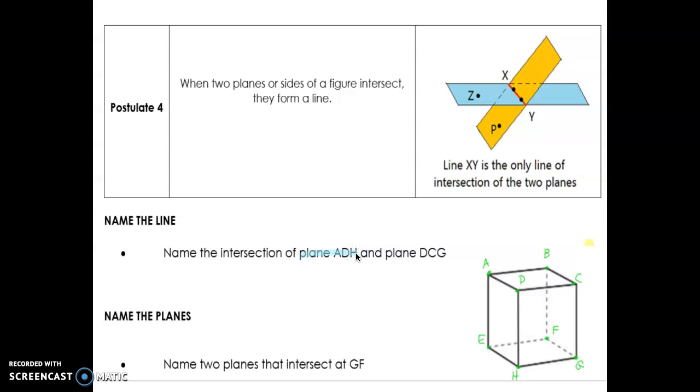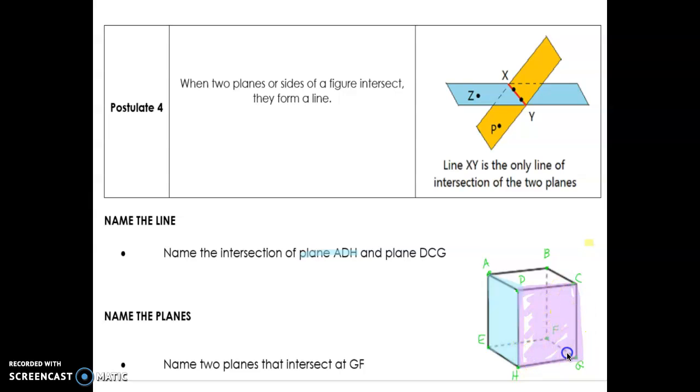Plane ADH. We're looking at right here, ADH. Now remember guys, from the video, go ahead and connect and finish the box. You can color it in, you can look at this video, but we're looking at the side, plane ADH. And I'm looking at where does it intersect with DCG. Here's DCG. I'm going to finish my box, color it in so you can visually see it.